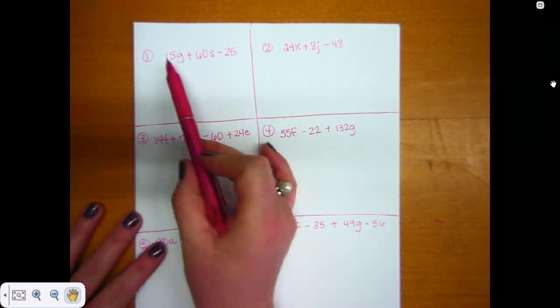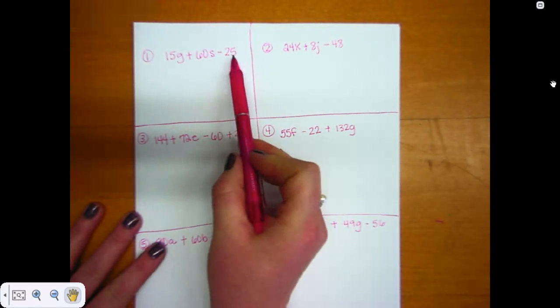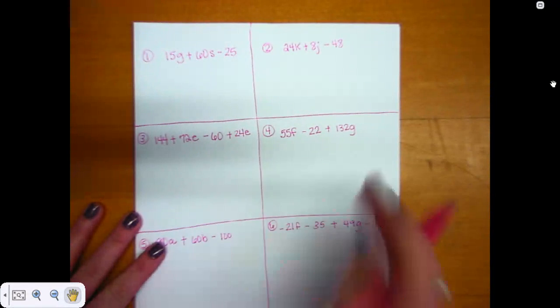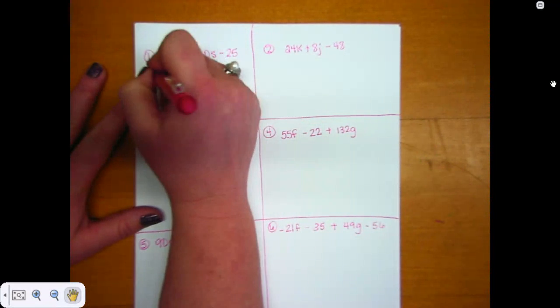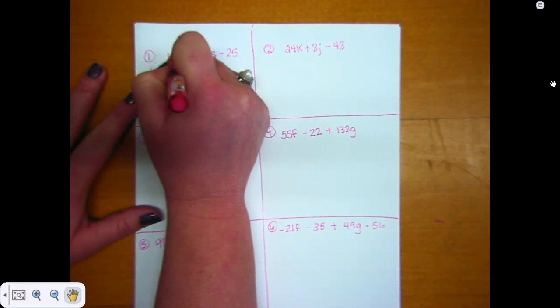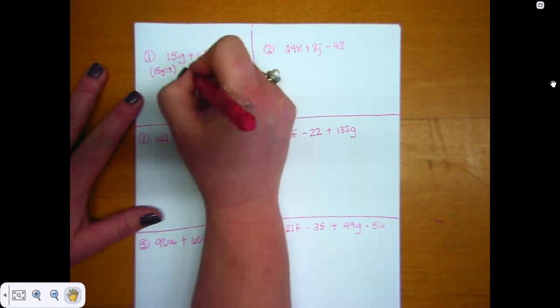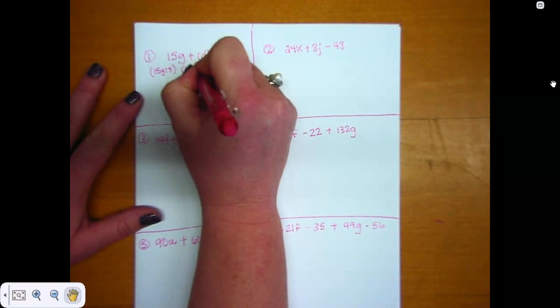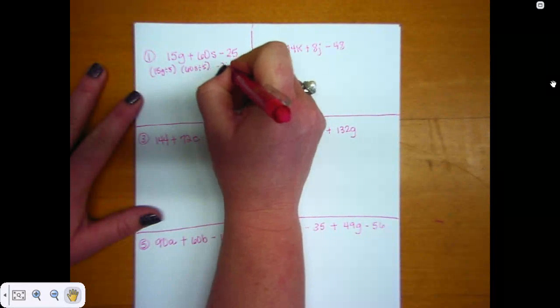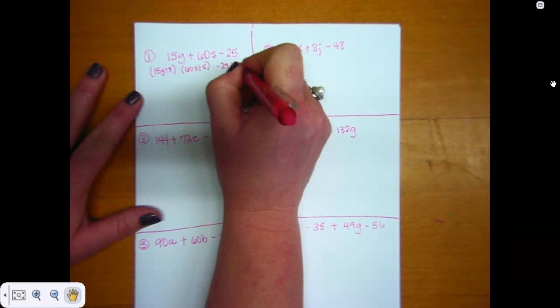I see that they all end in a 5 or a 0, so that means that 5 is absolutely a common factor. So what I would do here is I would say 15G divided by 5, 60S divided by 5, and negative 25 divided by 5.